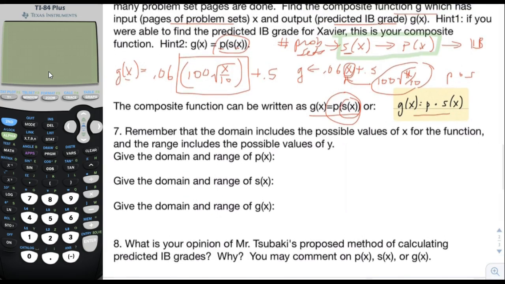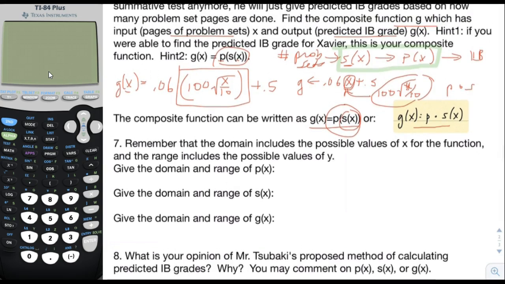So P is the function which takes the number of problem sets you did. Oh no, P is the predicted grade function. So you give it a number from 0 to 100, right? So the input to the predicted grade function is a number from 0 to 100, and then that will yield an IB grade between 1 and 7, right?